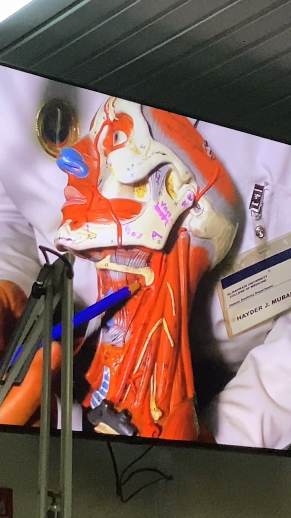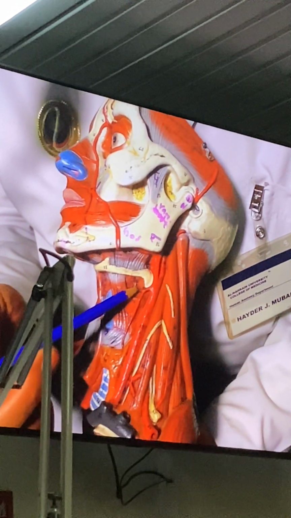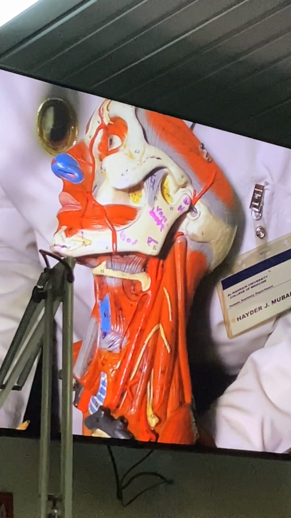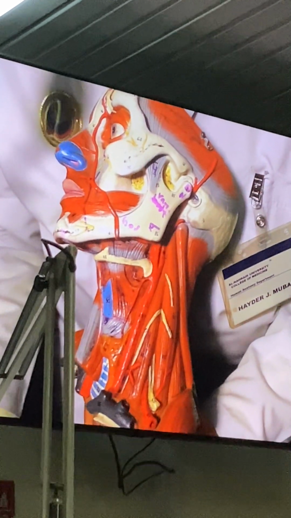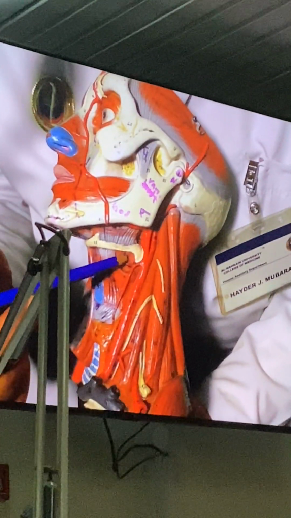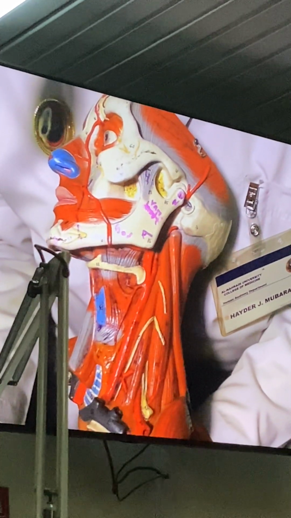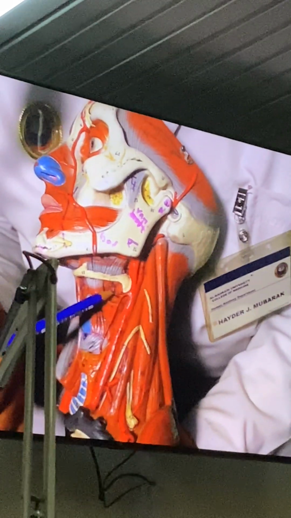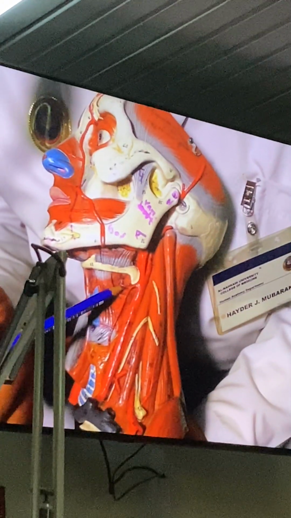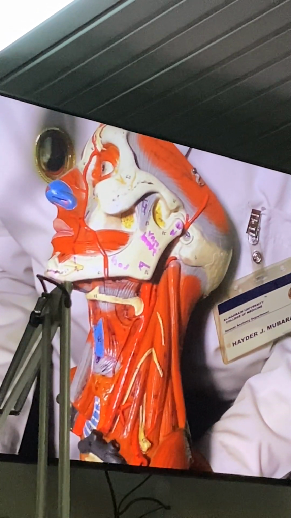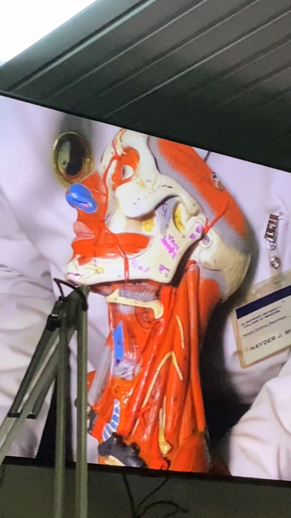And you can see that this superior laryngeal branch perforates the thyroid membrane. And unfortunately, again, the manufacturer made the thyroid membrane red. He should have made it yellow or even white. And this superior laryngeal branch perforates the thyroid membrane together with the internal laryngeal nerve.